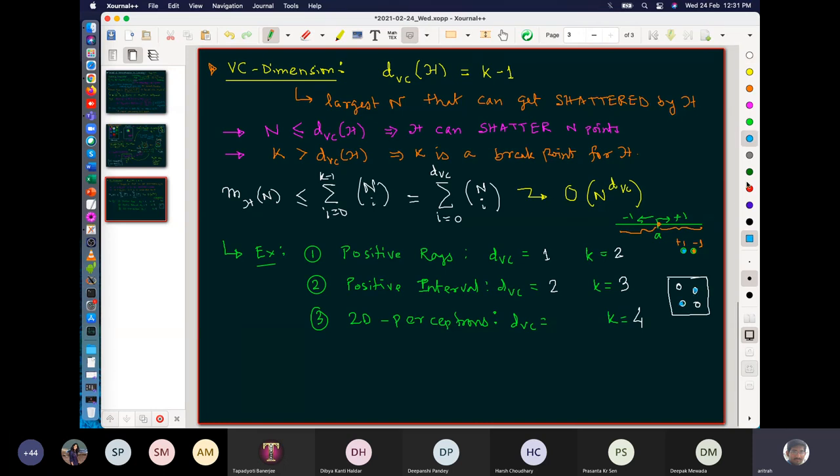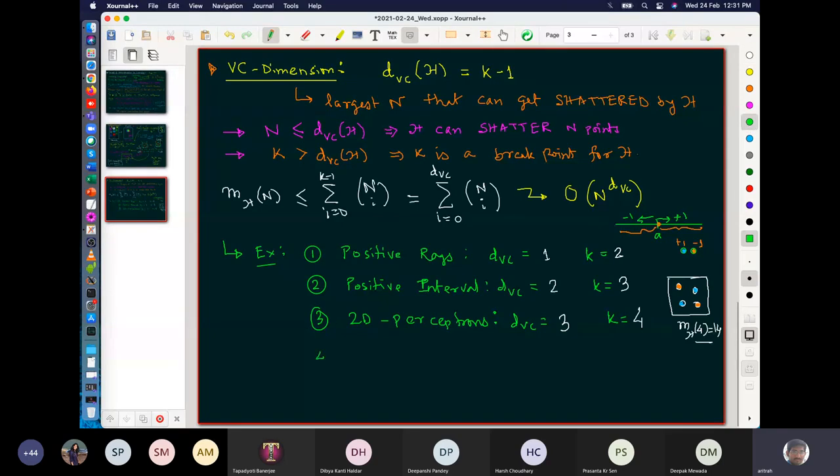These two are one label and these two are a different label. Can I shatter this with a linear line? Can I make everything? No. These combinations and the vice versa, we cannot do it. So we have found out that m_H(4) equals 14. Remember? So the breakpoint is 4. d_VC is 3. The VC dimension is 3.